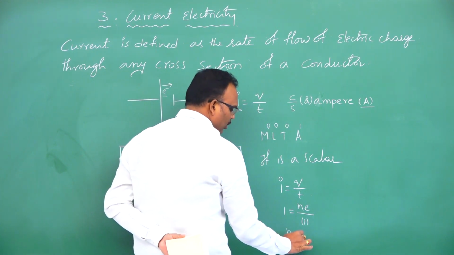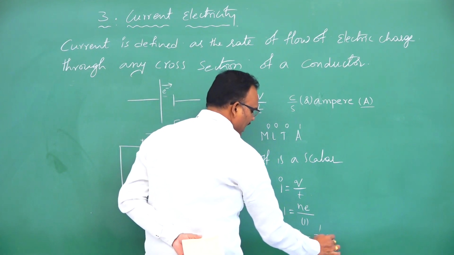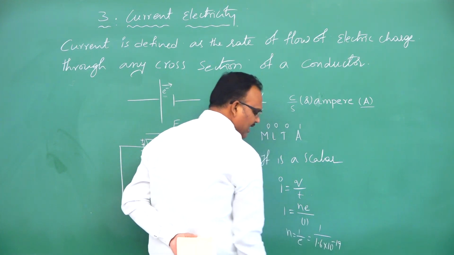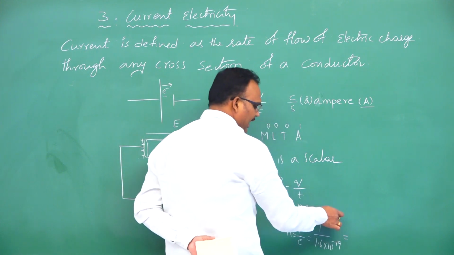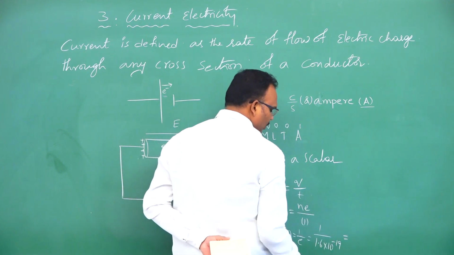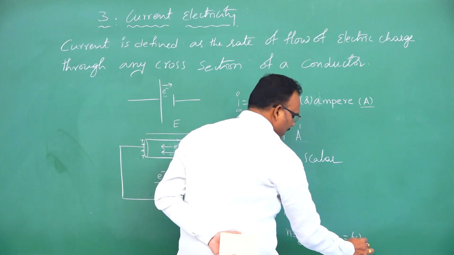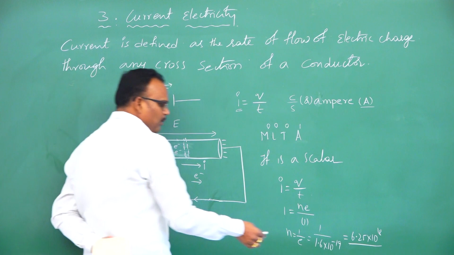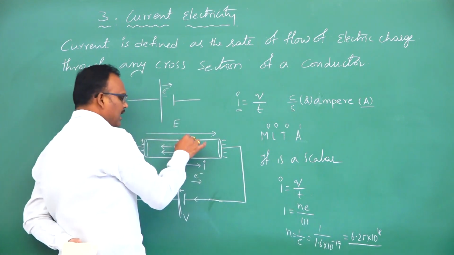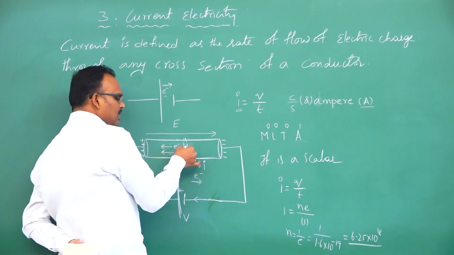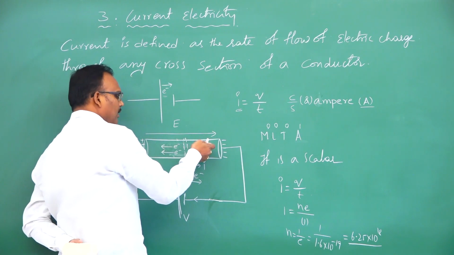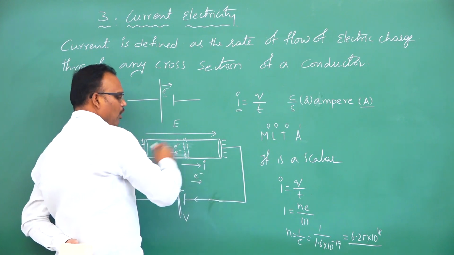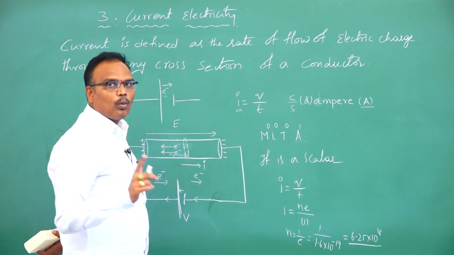That is N is equal to 1 by E. E value is 1.6 into 10 to the power of minus 19 coulomb. If you simplify, 1 by 1.6 can be written as 6.25 into 10 to the power of 18. If 6.25 into 10 to the power of 18 electrons are passing through this area of cross section net from right to left, then the flow of current in the circuit is said to be 1 ampere.